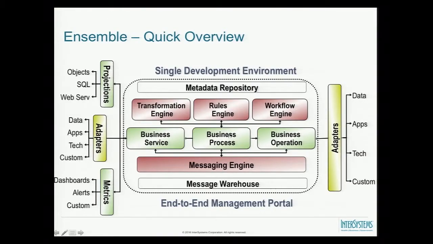Within business process management, we have a transformation engine, which allows you to transform messages. We have a rules engine. We also have a workflow engine, which is essentially how you incorporate human action within that. And all these messages flowing around between these different components are ultimately stored in a message warehouse, which is the underlying cache database.